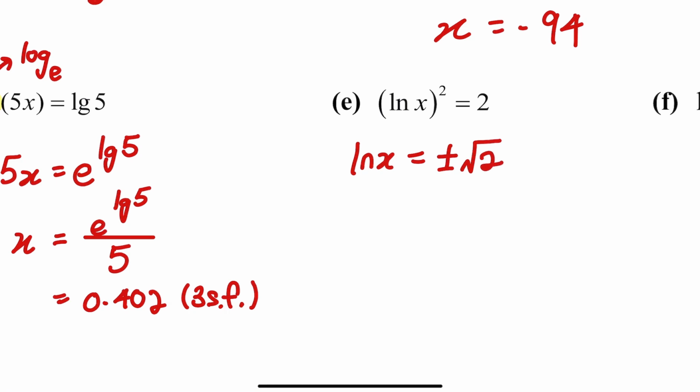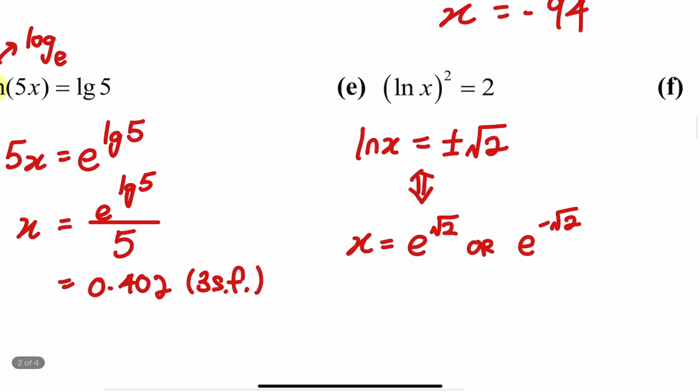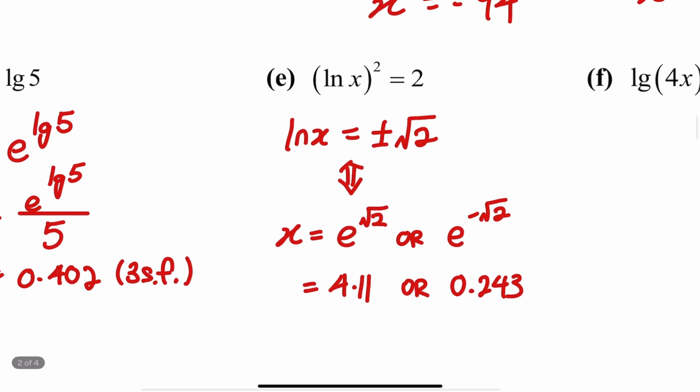Then from here, by converting to exponential form, to get x, the base e must have a power of positive root 2, or e must have a power of negative root 2. And therefore if you round off to 3SF, you should get 4.11 or 0.243. Okay, this is for part E.